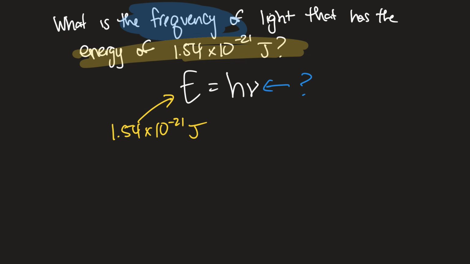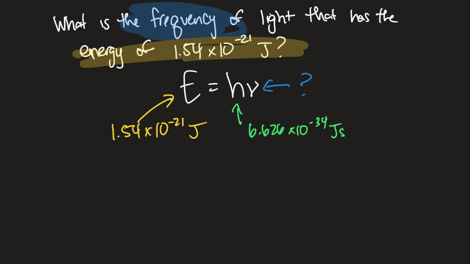The units kind of give away what's what if you're ever confused. At the same time, we know what Planck's constant is because it's a constant: 6.626 times 10 to the negative 34 joule seconds. I'm usually one who likes to rearrange my equations first, solve for the variable that I need, and then place my numbers in and solve.